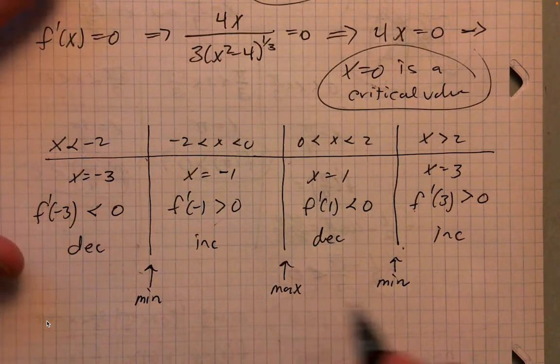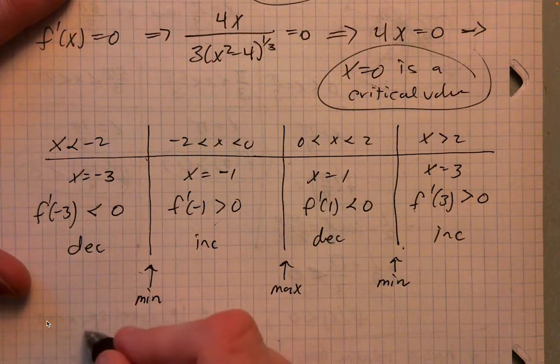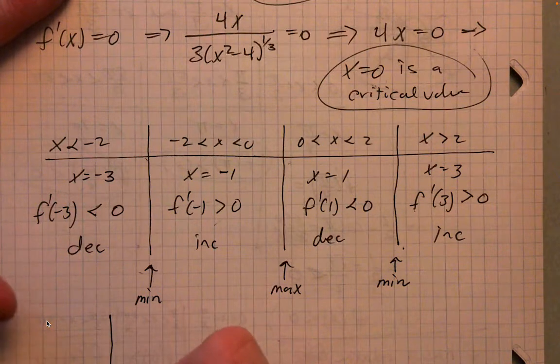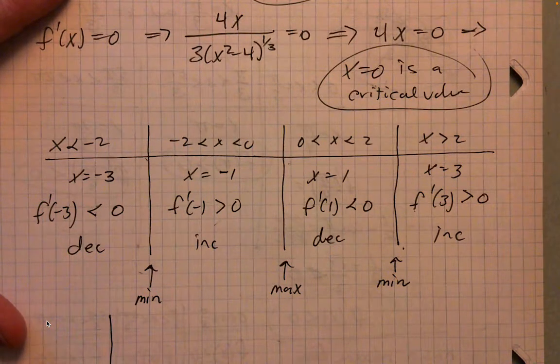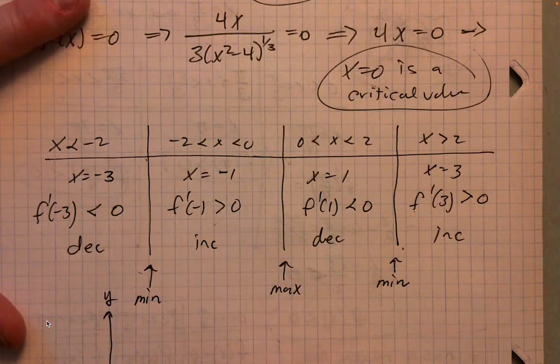So let's look at what the graph looks like. I'll just sketch it in here so you can see. Here's my x-axis, here's my y-axis, and we'll say 1, 2, -1, -2, and then 0, 0 up at about 2.5, about here.